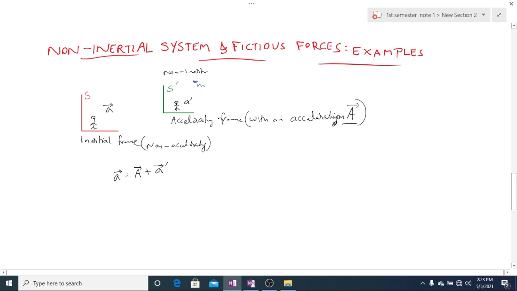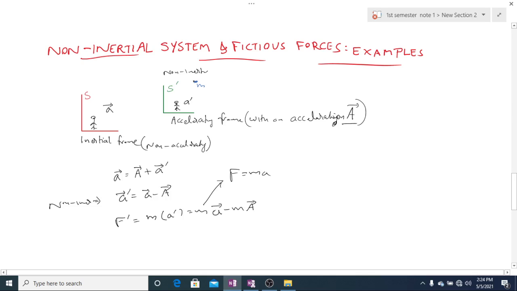Okay, that is this. Or a prime is equal to the acceleration measured by an observer in the non-inertial frame, that is, a prime is equal to a minus A. Or the force measured by an observer in the accelerating frame is equal to m a prime, which is equal to m a minus m into capital A, where m a is the force measured by an observer in the S coordinate system.